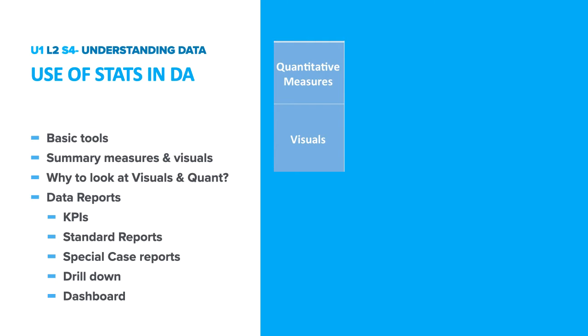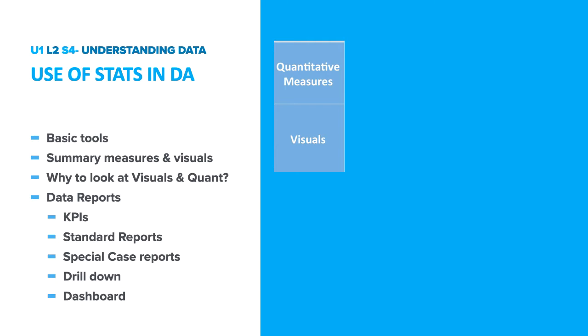Now, for any business, generally you might have seen there are data reports based on key performance indicators, which we call as KPIs. So there could be standard reports, there could be some special case reports pertaining to any scenario, like we were talking about spike in crimes in a particular city.